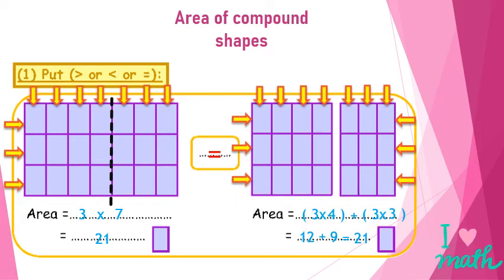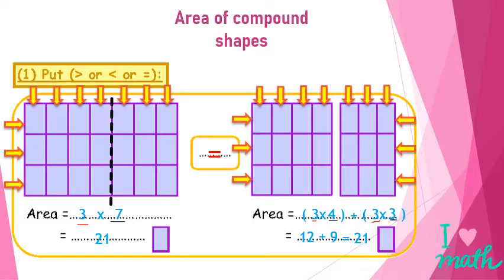And let's look here. I have here 3, as you can see, the first factor, as it is. And the other factor I have is 7. This factor is cut into 4 and 3. I decompose it into 4 and 3.